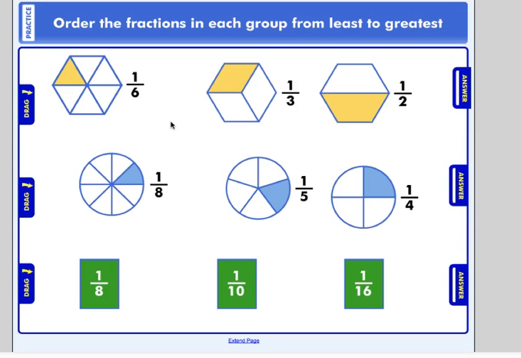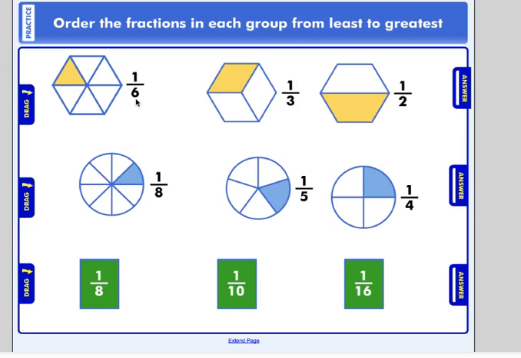Every one of these fractions is a unit fraction, and what that means is the numerator is 1. So it's just one piece of the whole. And since the numerator is the same for all of them, they're all ones, we can easily compare these fractions by just looking at the denominator.